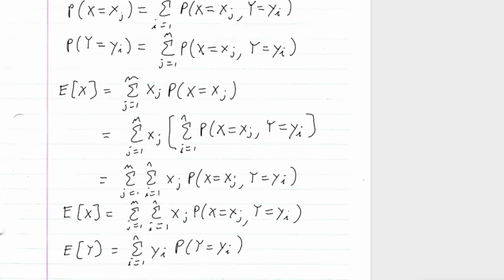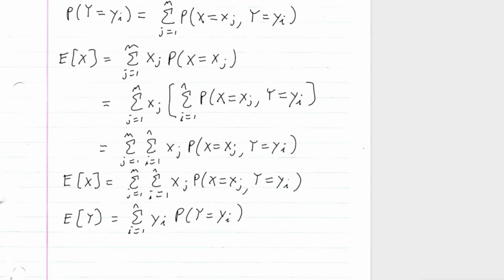So let me try to get that here. This is equal to the sum from i equals 1 to n of y sub i, and then here we put the sum from j equals 1 to m of the probability that X is equal to x sub j and Y is equal to y sub i.